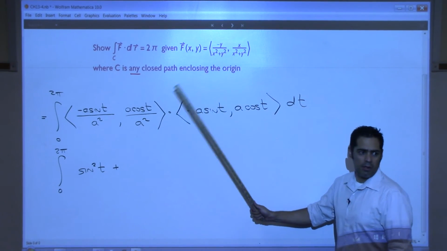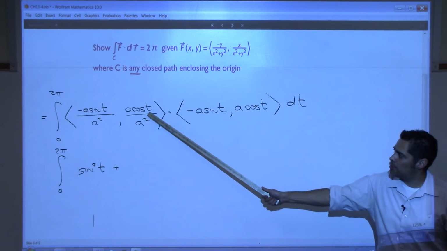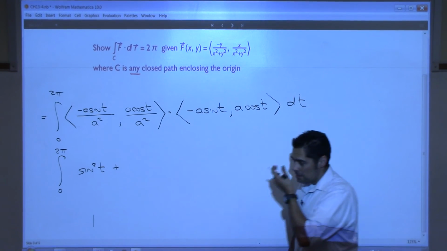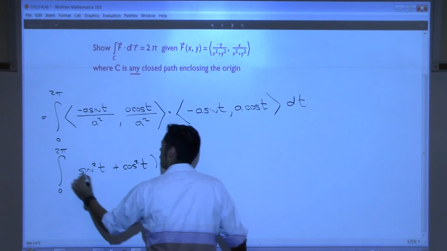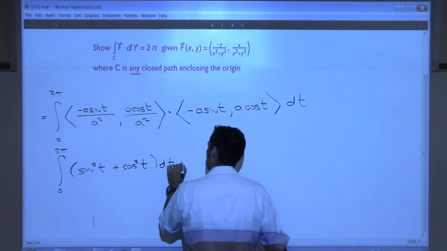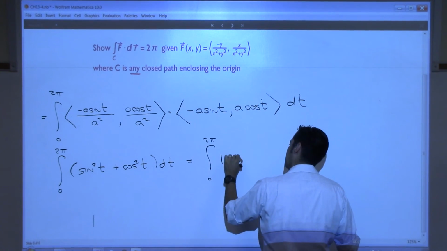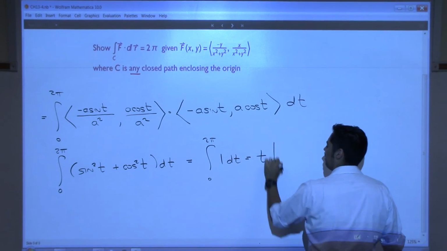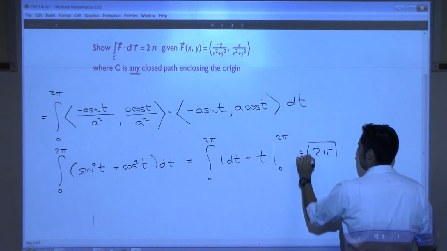A squared cosine squared t over a squared again, doing this one times this one. And the a squareds cancel. You're just left with cosine squared t dt. But that's just integral 0 to 2 pi of 1 dt, which is t evaluated 0 to 2 pi, which is 2 pi.